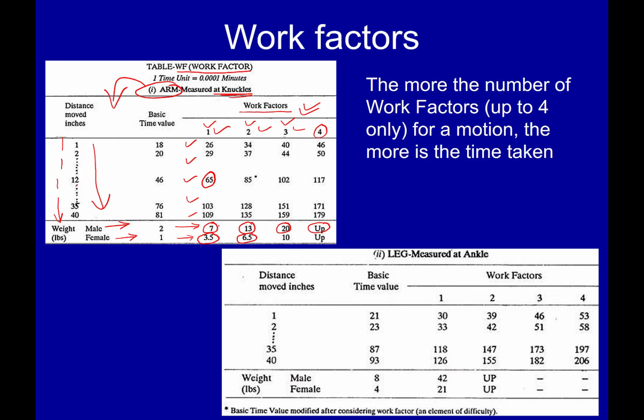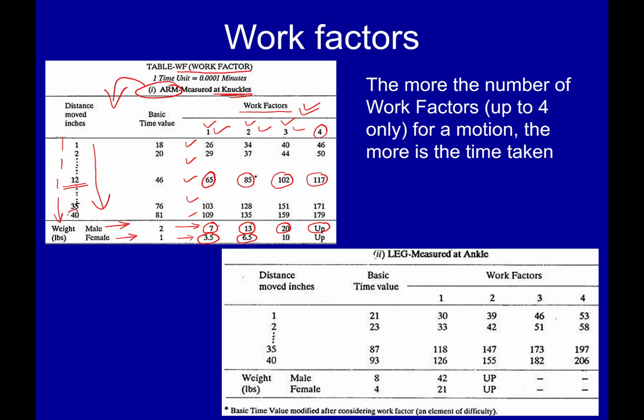If the arm has to travel the 12-inch distance with a weight of 13 pounds, then the time will be 85. If it is 20 pounds, the time will be 102 time units, and likewise.